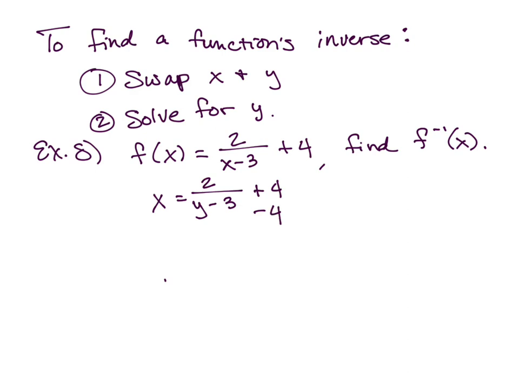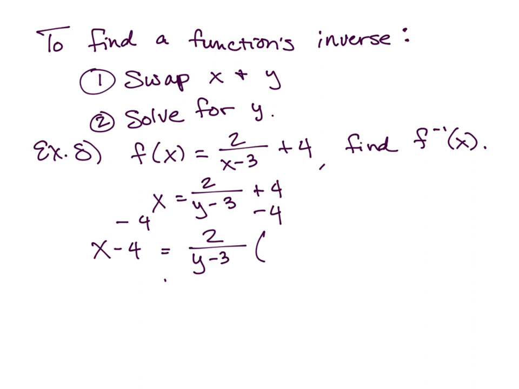Subtract 4. So x minus 4 is equal to 2 divided by y minus 3. And then what? How would you get that y minus 3 out of the denominator? Multiply by it.